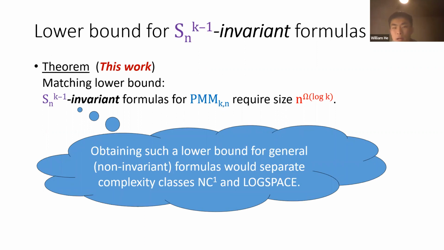If we relax the restriction of S_n^(k-1) invariance, or we get rid of that restriction, then the general form of our theorem would actually separate complexity classes NC1 and log space, which is good motivation for this work.